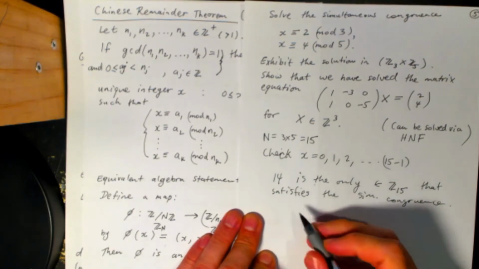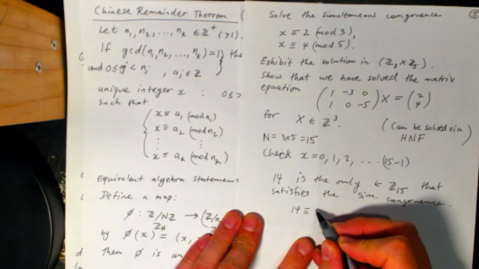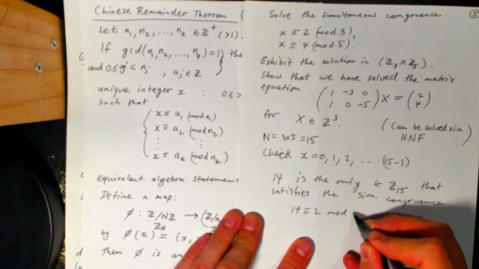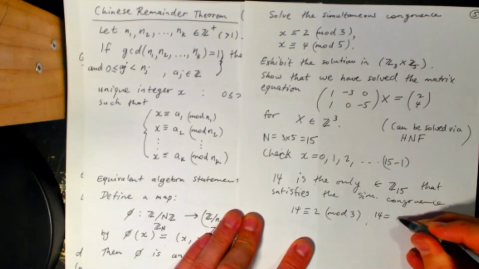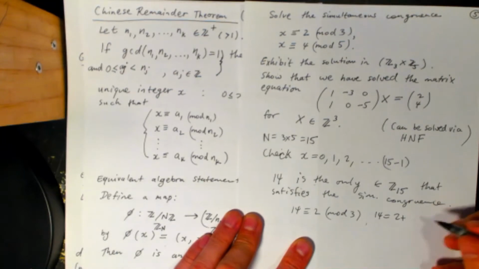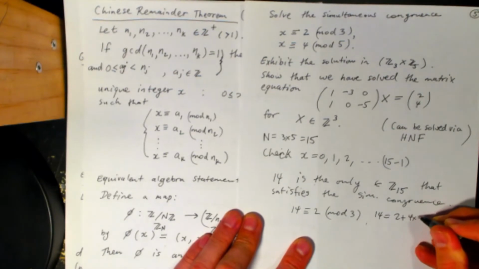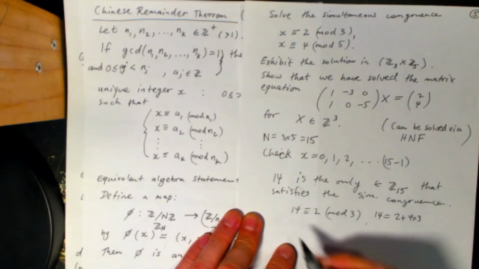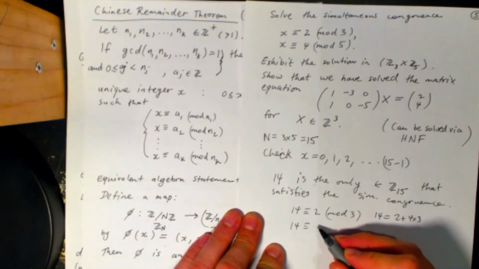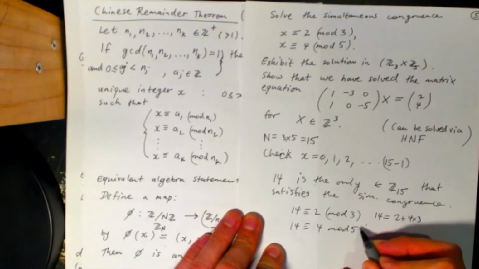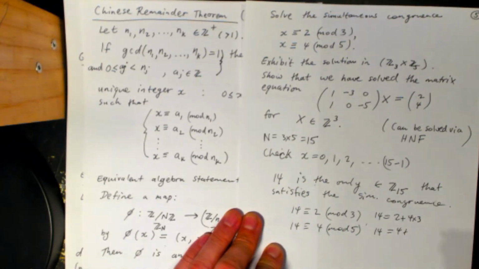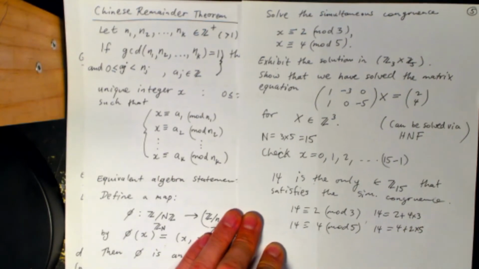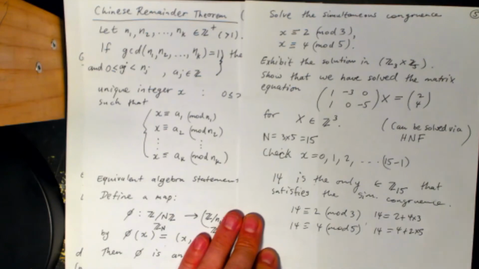Okay, now let's check. 14 is congruent to 2 mod 3 because 14 is equal to 2 plus 12. 12 is 4 times 3. Okay, 14 is congruent to 4 mod 5. 14 is equal to 4 plus 2 times 5. Okay, so bingo, 14 works.